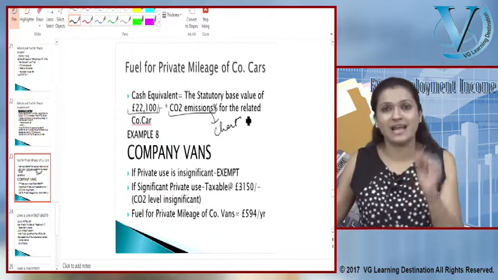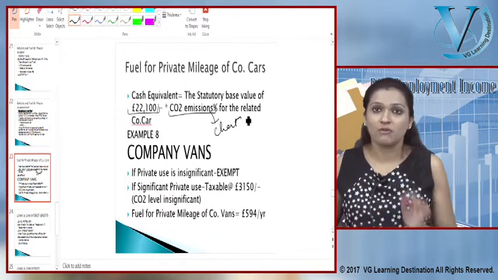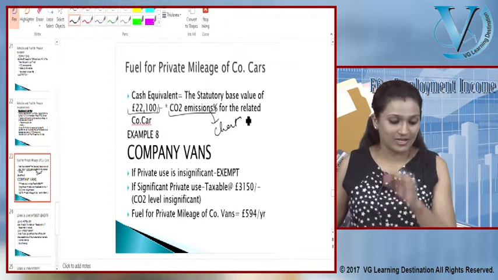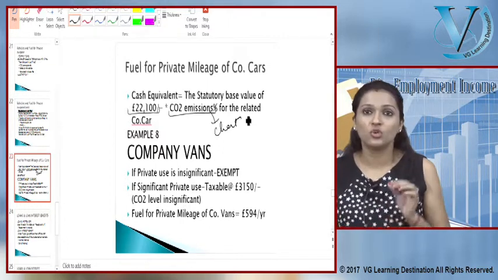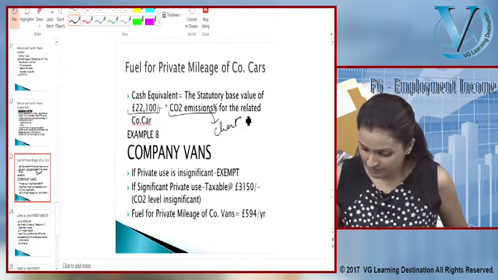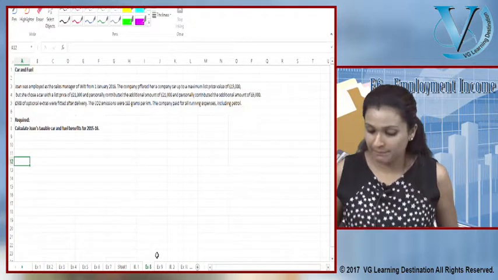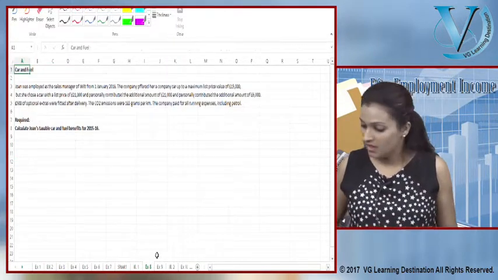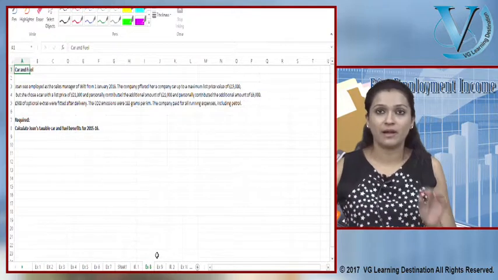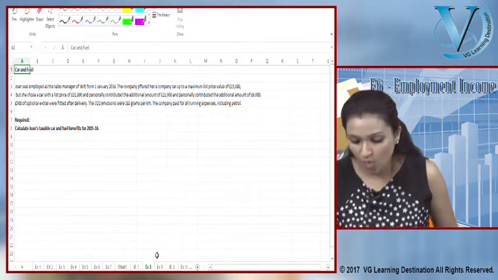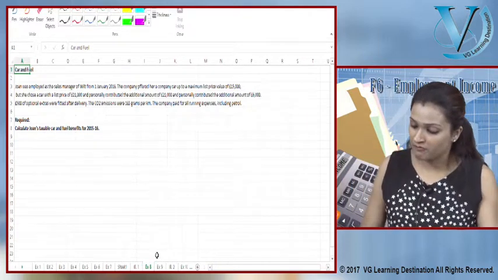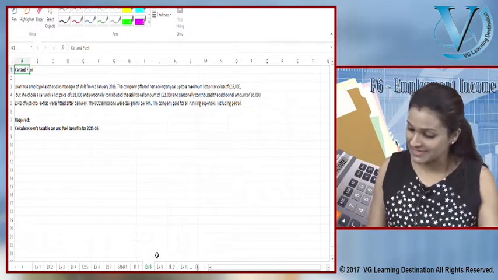Let's better understand this with the help of an example, because when we practically do these questions, that is when it actually clicks which figure is being used from where. So let's have a look at the benefit of a company car. What is the car and fuel benefit that we can take for a company car? Joan was employed as the sales manager of Wilt from 1st of January 2016.